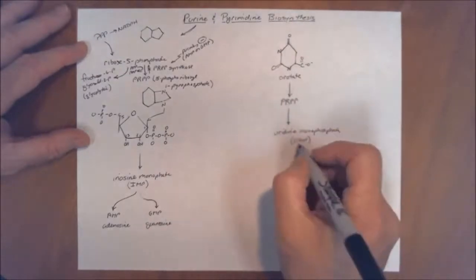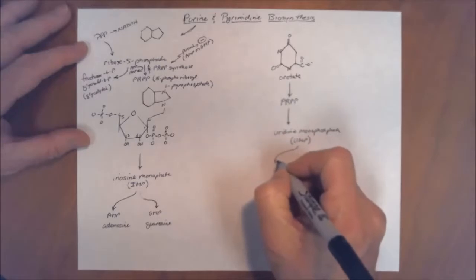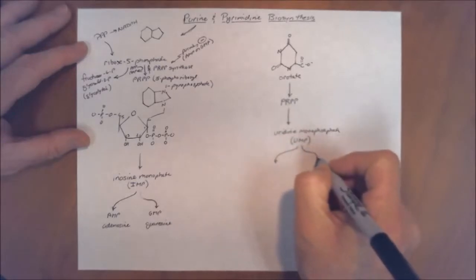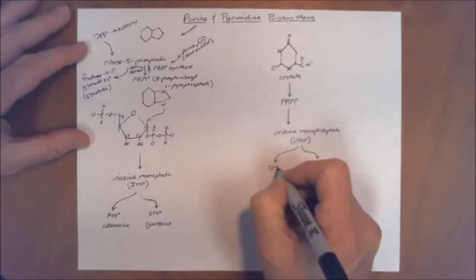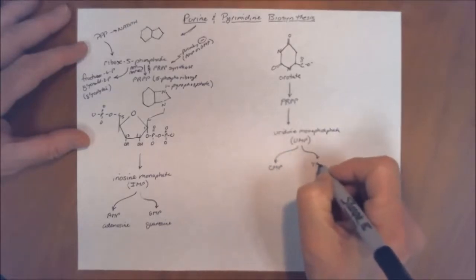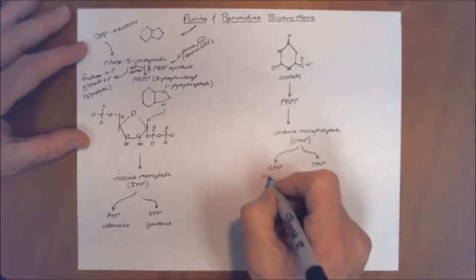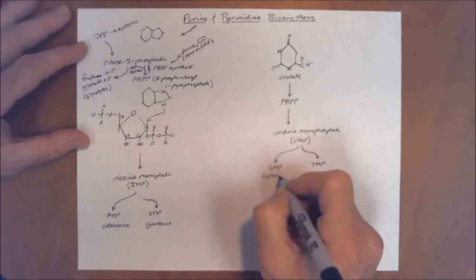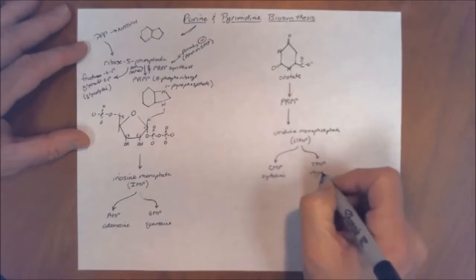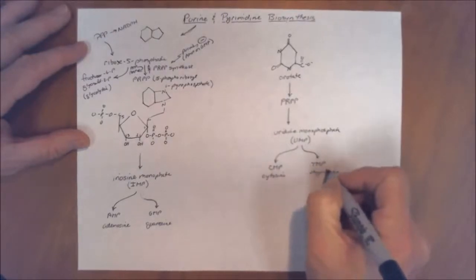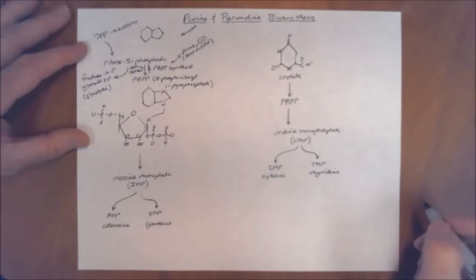The UMP then undergoes reactions and several processings to generate CMP and TMP, cytosine monophosphate and thymidine monophosphate.